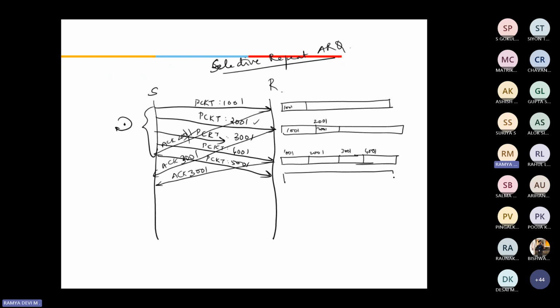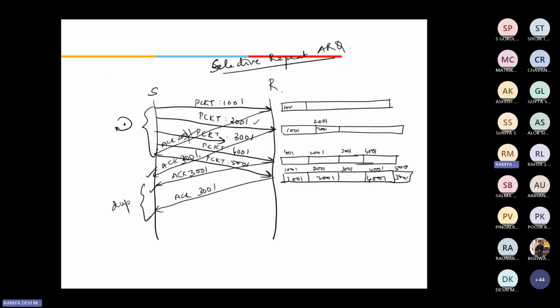After receiving this packet also, it will store it in the proper order. It will not discard the packet, but it will send an ACK 3001.